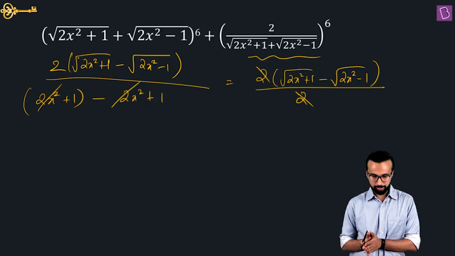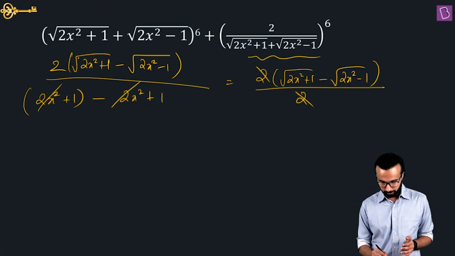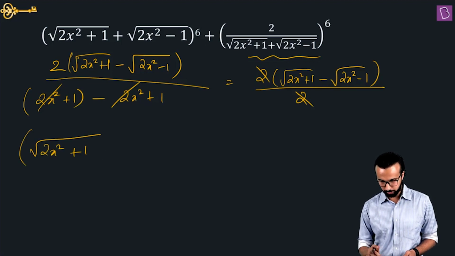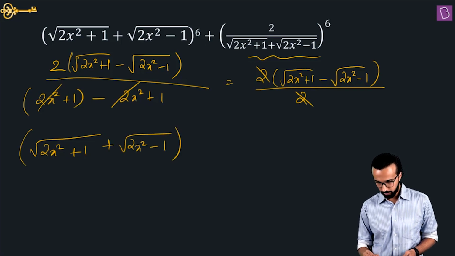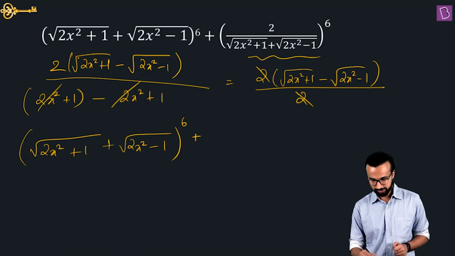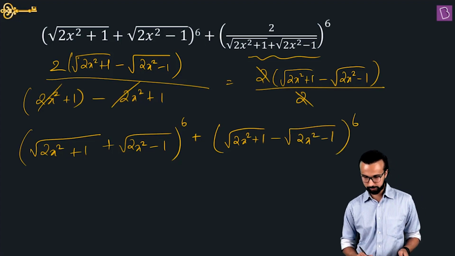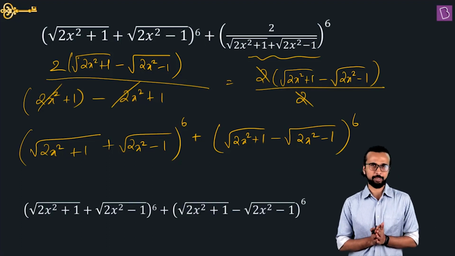So what does our question now become? Our question is nothing but (√(2x² + 1) + √(2x² - 1)) raised to 6 plus (√(2x² + 1) - √(2x² - 1)) raised to 6. This is the same thing we are getting.